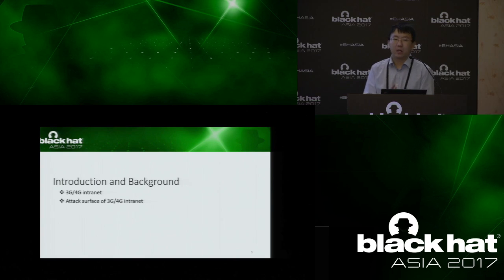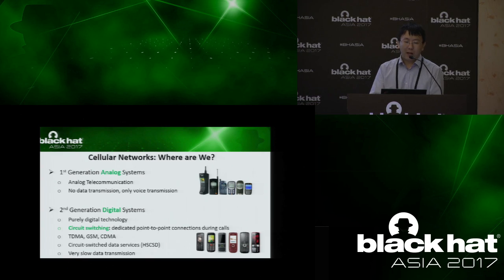So the first part is about introduction, and I would like to start from the evolution of our cellular networks. In the last century, around the 1980s, we had the first generation mobile telecommunication system, which was based on analog telecommunication, which means the voice was transmitted through analog signals.